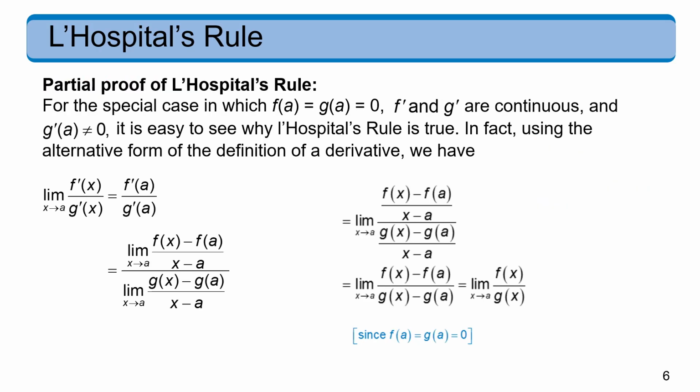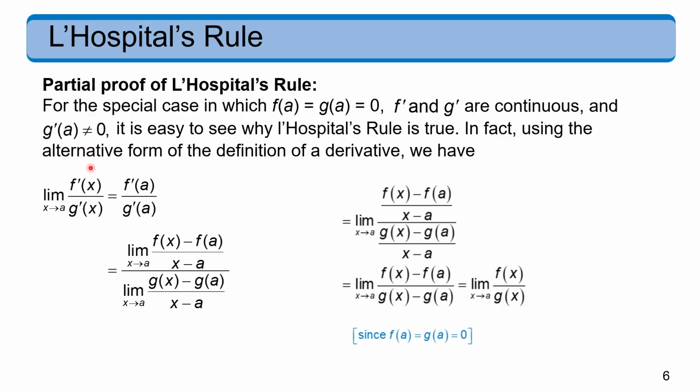So actually, before we do some examples, I wanted to give you a partial proof of L'Hopital's rule, so you'll at least have some justification for understanding why it works. It's only a partial proof because we're going to consider a special case, and that is we're assuming f of a and g of a are both equal to 0, f prime and g prime are both continuous, and g prime of a is not 0.